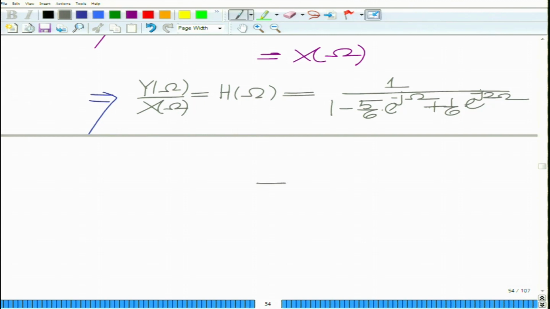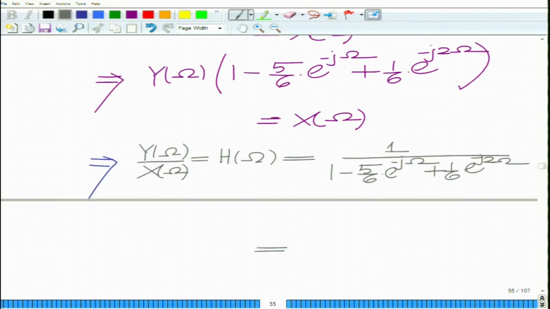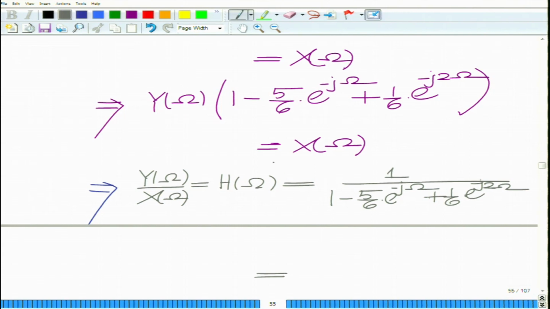And now I am going to first factorize this, then do the partial fraction expansion, and from that derive the impulse response. So, this is the frequency response H of omega. Okay. So, this answers the first part of the question.